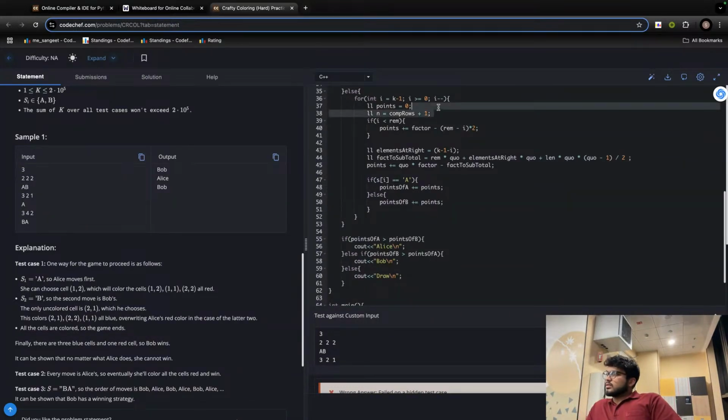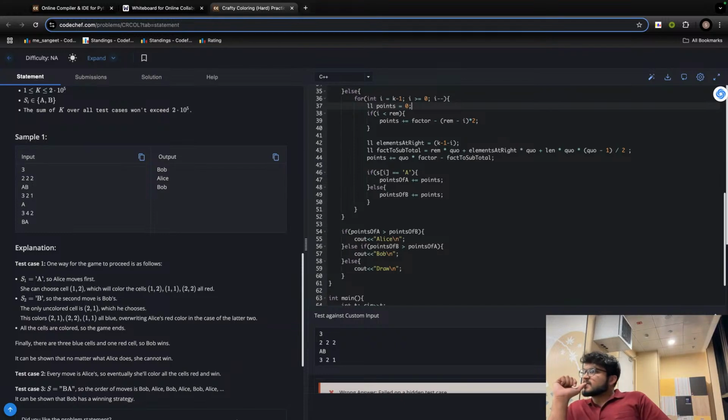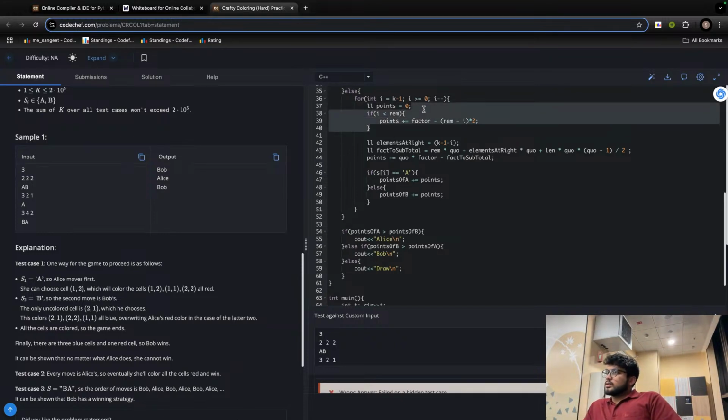Let's remove this from here. Okay, why is it here now?